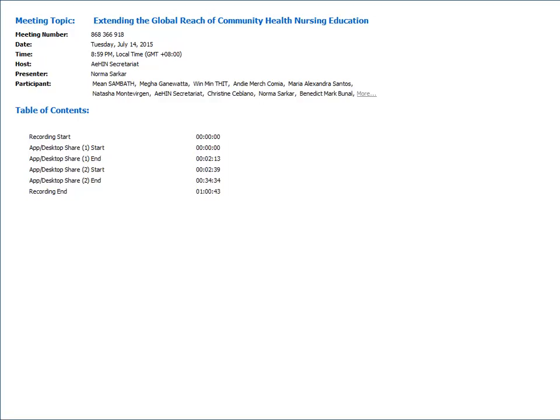And nursing is at very different places in different countries. In India, they are working their way up to a bachelor's level, and nursing is a more highly regarded profession than it used to be.